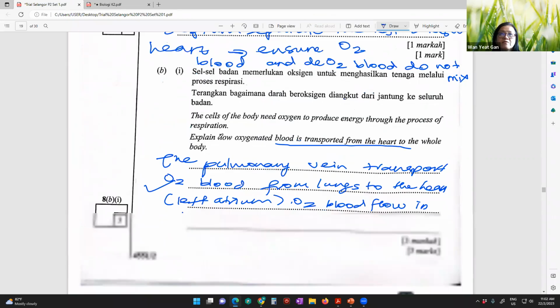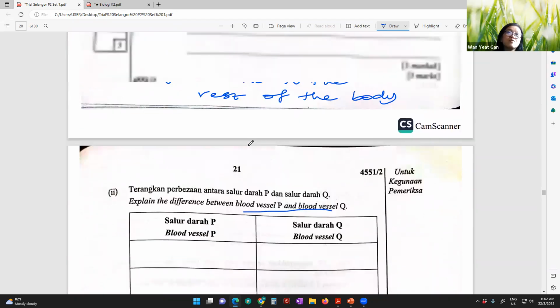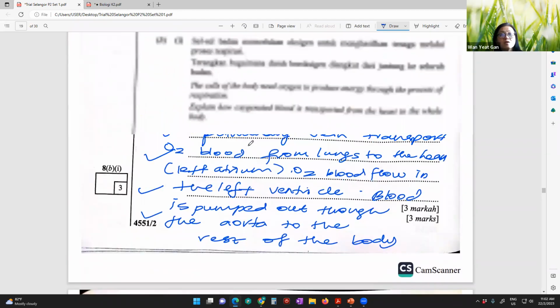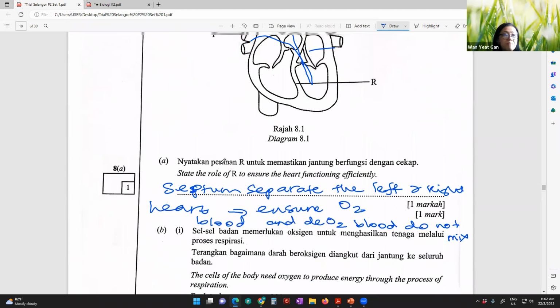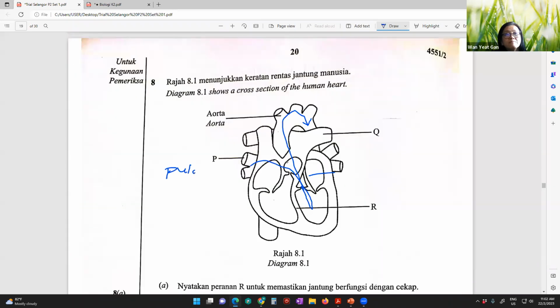Now explain the difference between blood vessel P and blood vessel Q. You need to know what blood vessel P and Q are first before you can answer this question. So blood vessel P is the pulmonary vein, and Q is the pulmonary artery.